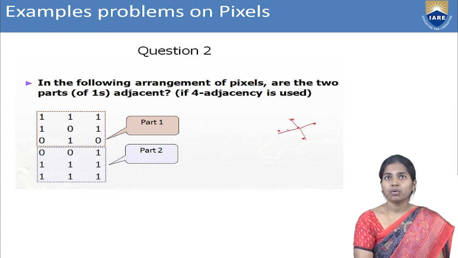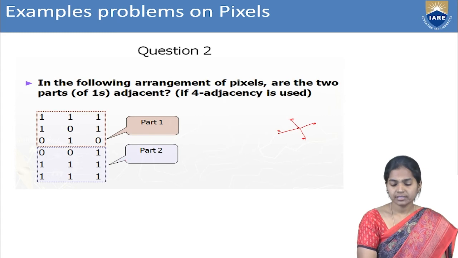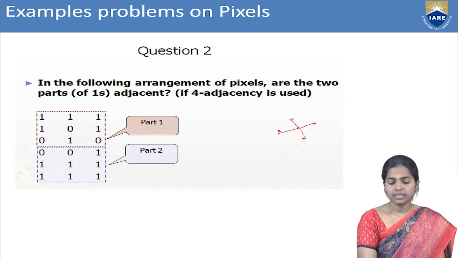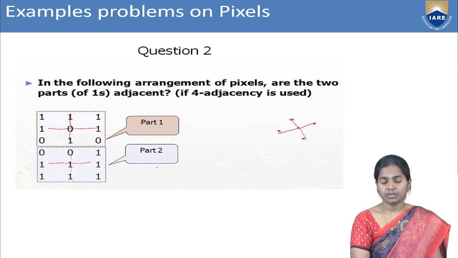In this case also, the center pixel has top, left, right and bottom, and here also top, left, right and bottom. So it is one part and this one is one part.